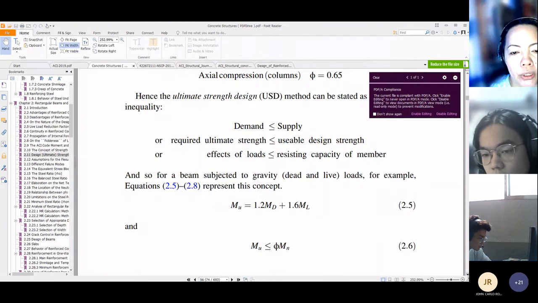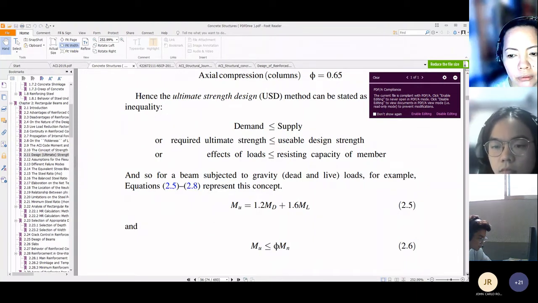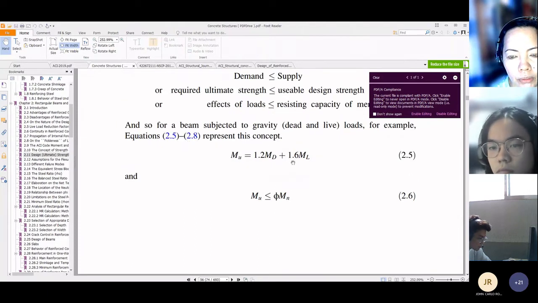And so for a beam subjected to a gravity load, which is dead load and live load, then you can make use of this load combination. But at any rate, this load combination is already revised. Itong load combination natin na nasa 2.5. The one which I have shown you in the NSCP 2015 edition, we have a different load combination na kung meron tayong dead load saka live load.